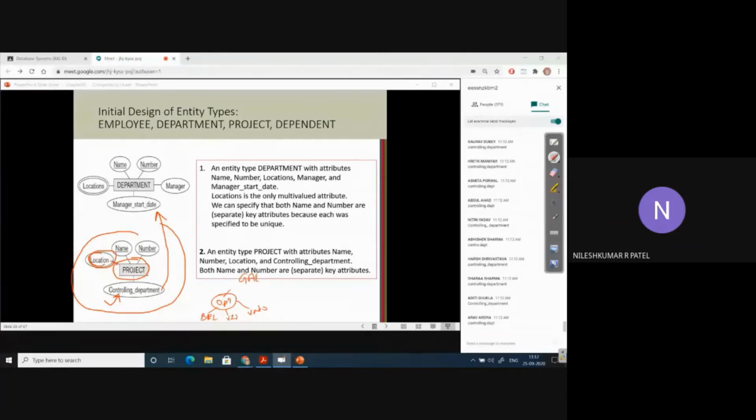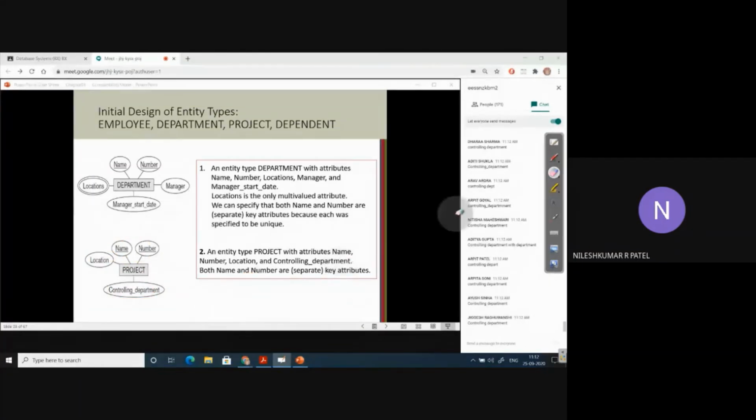So this is also a pure attribute. It pertains to project number, name of project, and location of project. Controlling department is the only attribute that exhibits a relationship with other entity types. So we will remove this attribute in the ER diagram, and after removing it, we will draw a relationship between project and department. So please make note of the controlling department attribute.